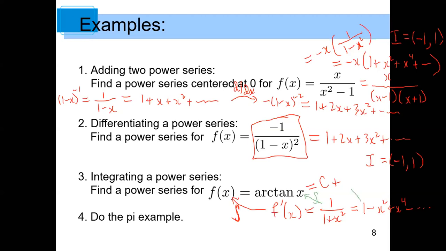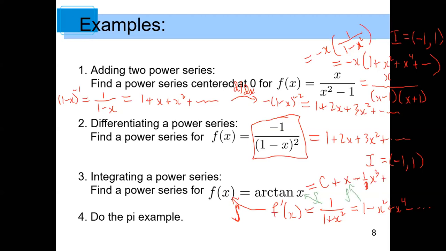Right now I'm integrating this thing term by term. The antiderivative of 1 is x. What is the antiderivative of negative x squared? Minus 1/3 x cubed. Very good. Okay, what's the next one going to be?